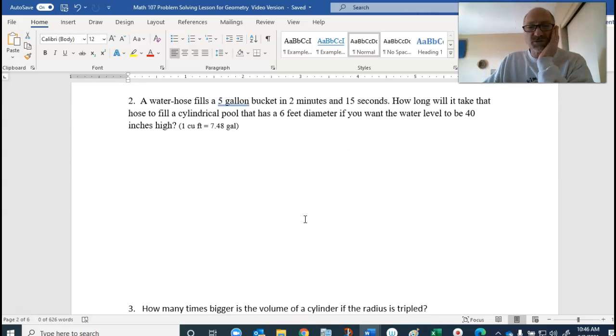A water hose fills a 5-gallon bucket in 2 minutes and 15 seconds. Okay, 2 minutes and 15 seconds. First thing I think of when I see that, I think, I don't like mixed units. I would like it to be either all minutes, which would be 2, and 15 seconds is a fourth of a minute, right? 15 out of 60 is a fourth.